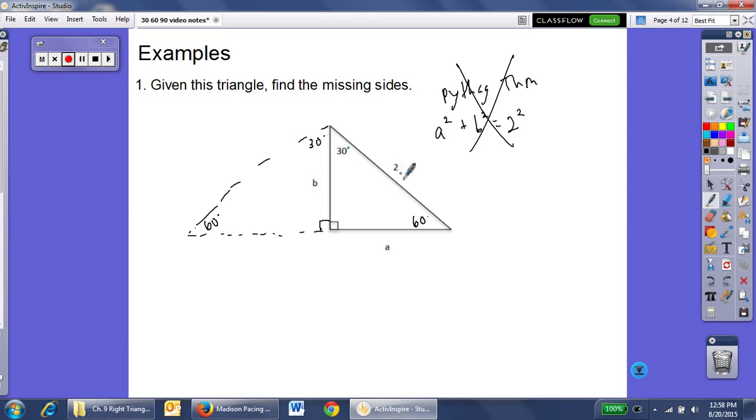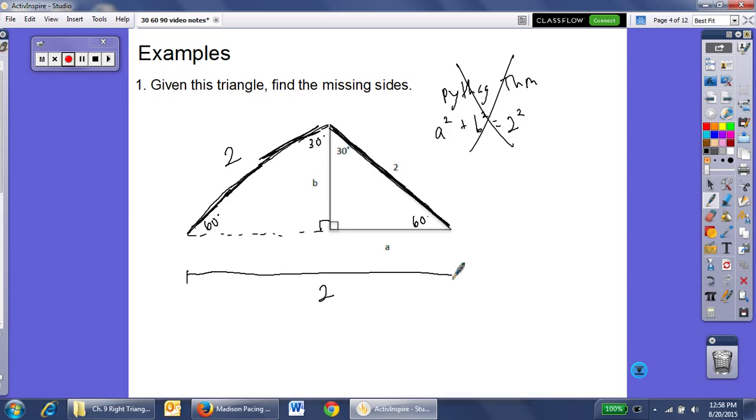So if this side here is 2, that means this side here has to be 2. The hypotenuse of that small triangle here is 2, which means this side over here must be 2 because the whole triangle is equilateral. That also means that down here is also 2, so from here all the way to here is 2.